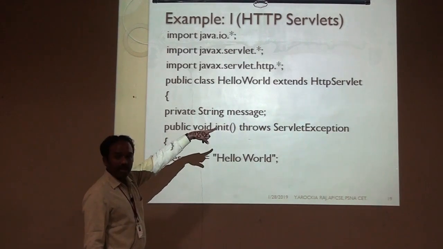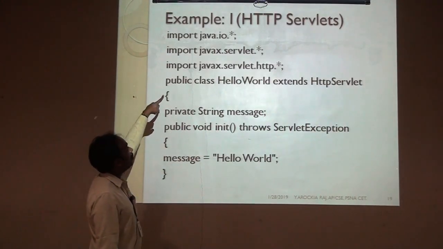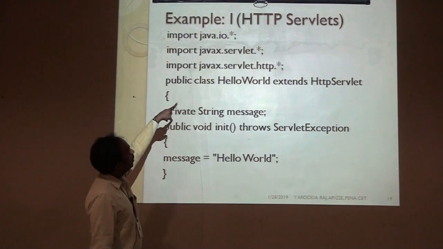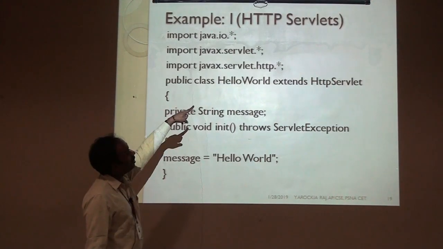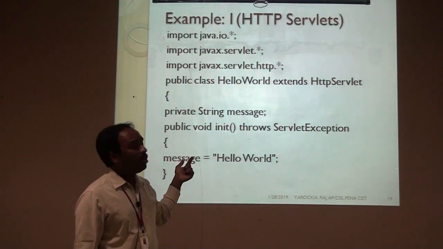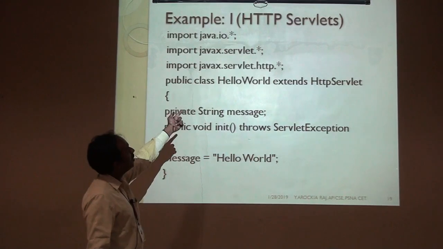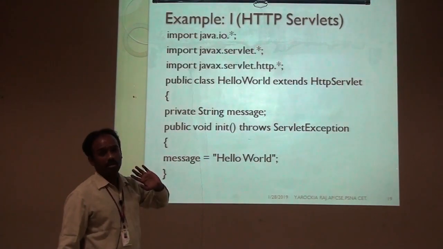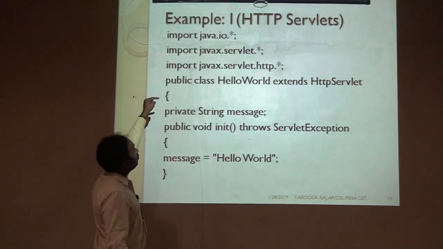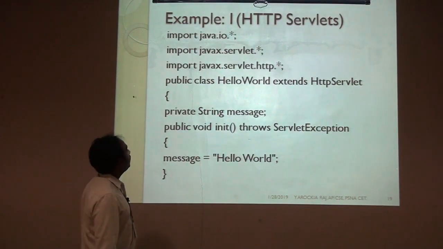To extend HttpServlet, you have to import the javax.servlet package and then the javax.servlet.http package, because in the previous slide we saw the HttpServlet class is available in the javax.servlet.http package. That's why we have to write these two import statements.